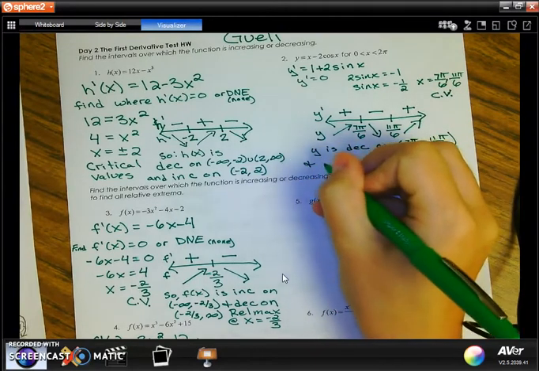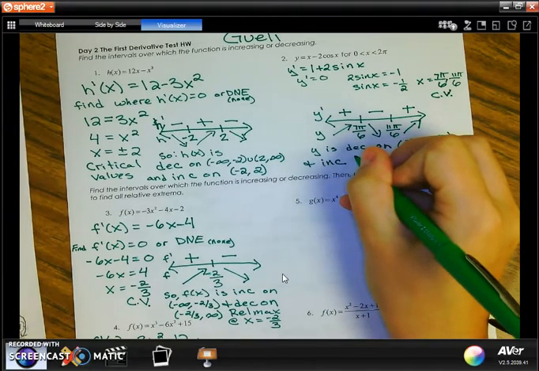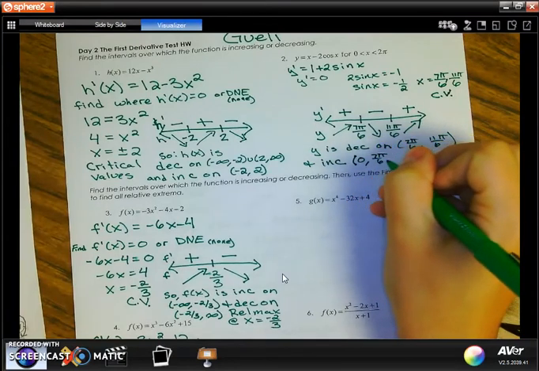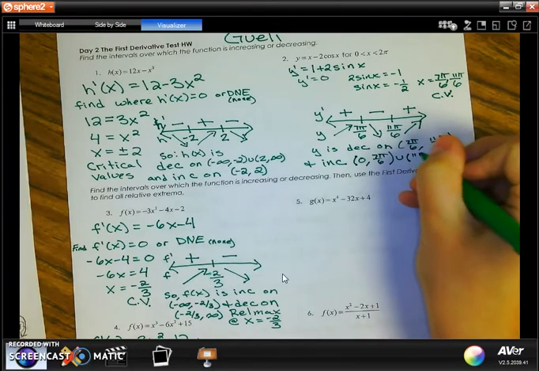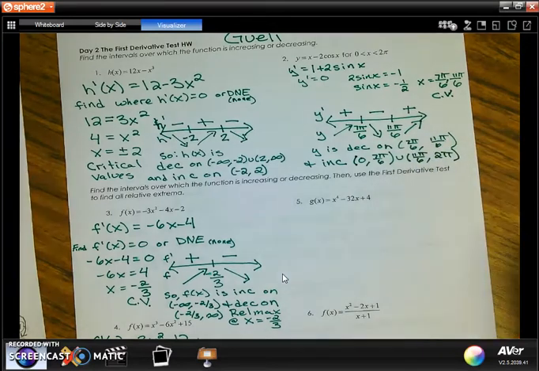And I can also conclude that it is increasing, with a union, from 0 to 7 pi over 6, union 11 pi over 6 to 2 pi, because that was my given interval. And that's that one.